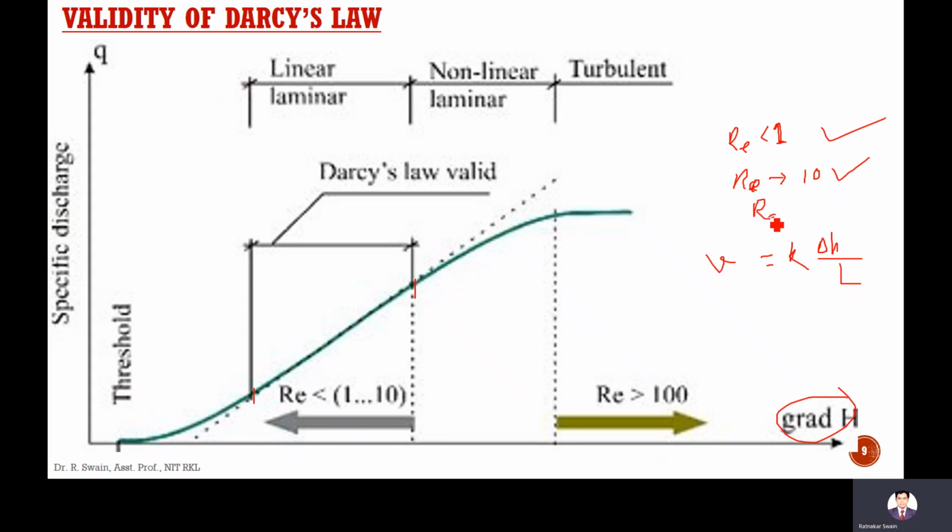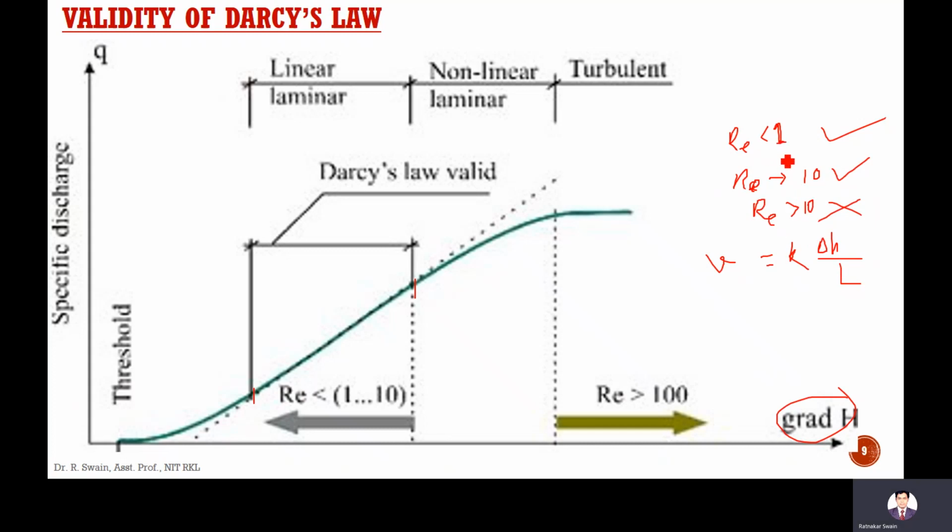Beyond 10, whether the flow is laminar or turbulent, Darcy's law is not valid. So for Darcy's law to be valid, the flow must be laminar and the Reynolds number should be within 10.